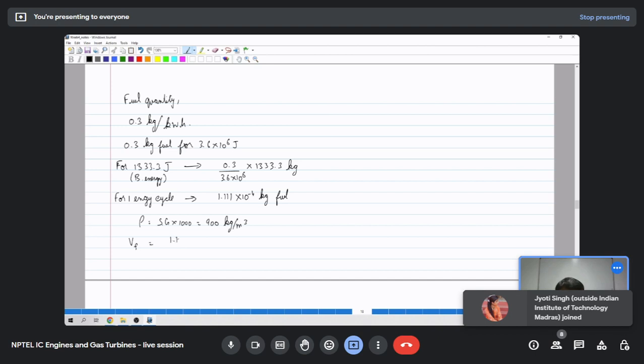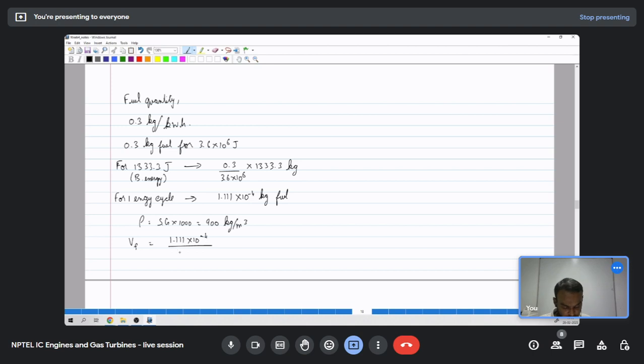So it is 1.111 into 10 power minus 4 divided by 900. So we have 1.234 into 10 power minus 7 meter cube. I hope you are able to follow the problem. If not, you can ask anytime.